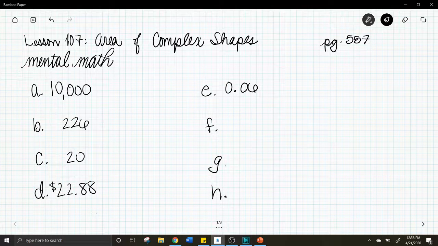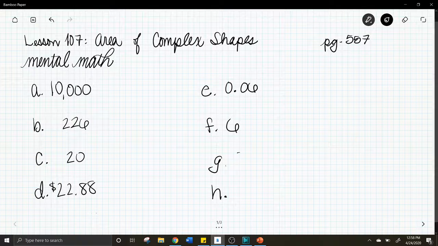Letter F, what is 360 divided by 60? The answer to that is 6. Letter G, how many pints are in a gallon? The answer to that is 8 pints. Then letter H, the calculation.